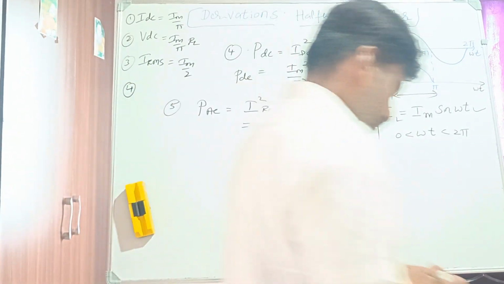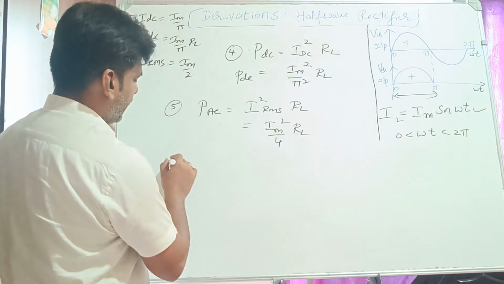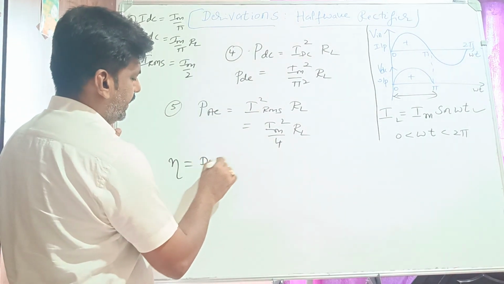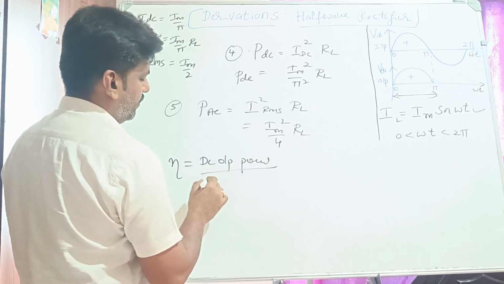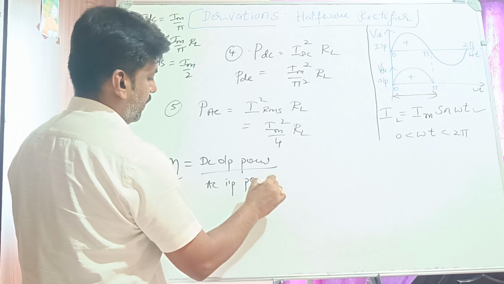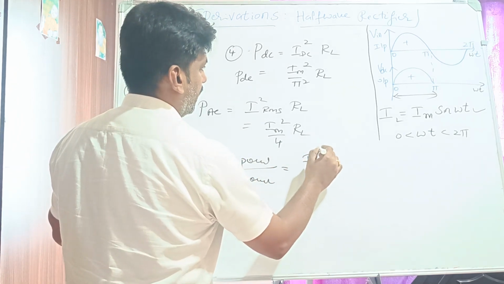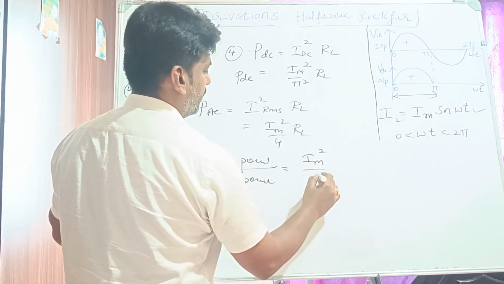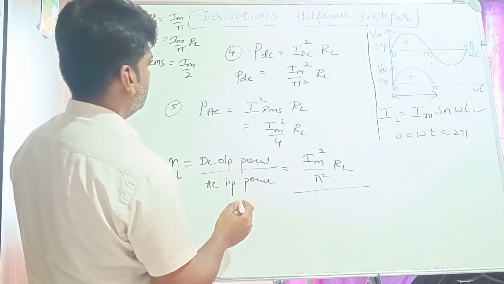So now we should find the rectifier efficiency. That is, how to write the rectifier efficiency? DC output power divided by AC input power. So what is the DC output power? So it is Im square divided by pi square into RL, that is the numerator. What is the denominator? AC input power.